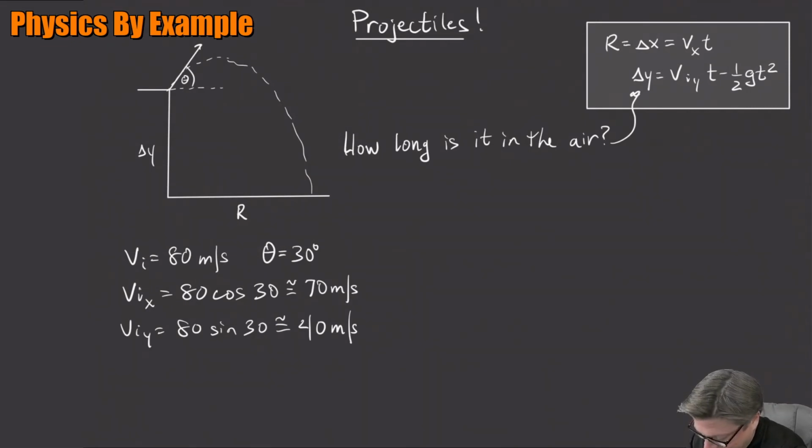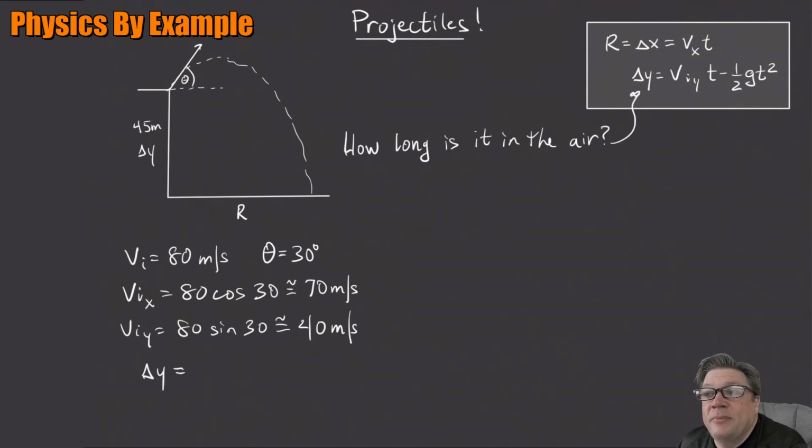And let's say that we are at delta y. Ooh, let's be careful. How high is that cliff? I'm going to say it's 45 meters. Well, let's be careful. Delta y, right? This is where the physics setup becomes really important. Delta y is final minus initial, and it lands at a lower point than where it takes off, right?